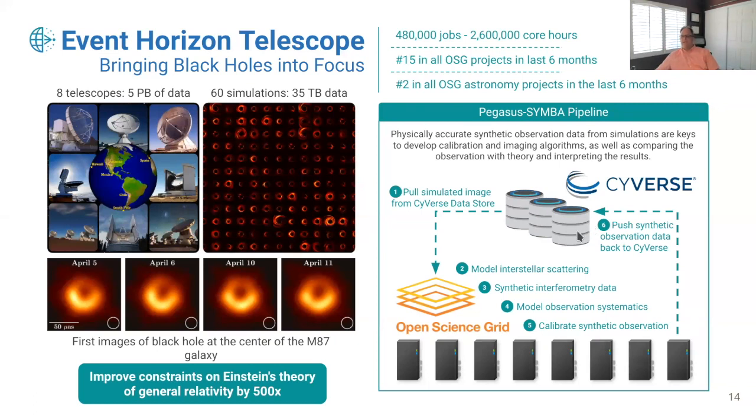So instead of making copies of this data in different places, all they do is point Pegasus to do the IO directly against this storage. So this job will start somewhere on OSG. The first thing it will do is pull data in from CyVerse using the protocol they have available.